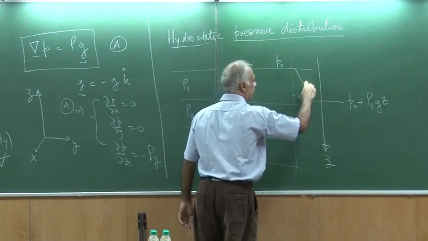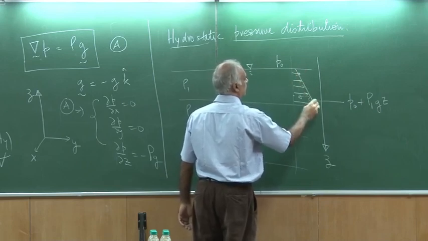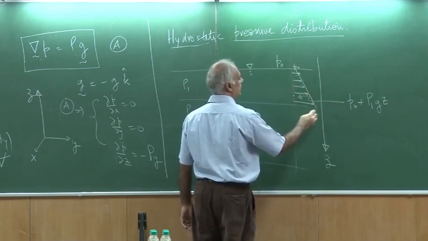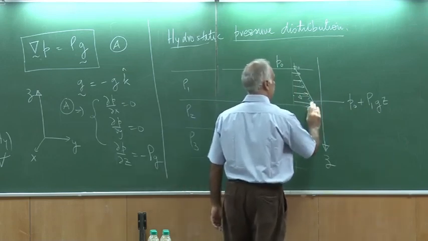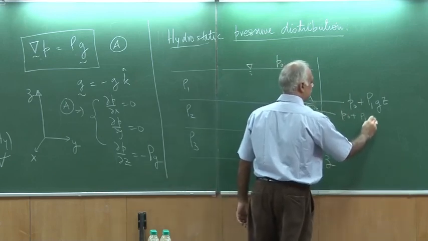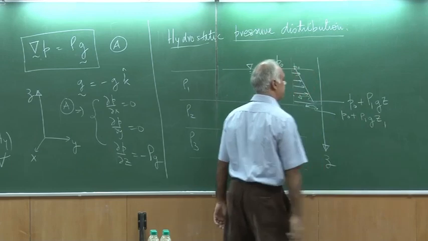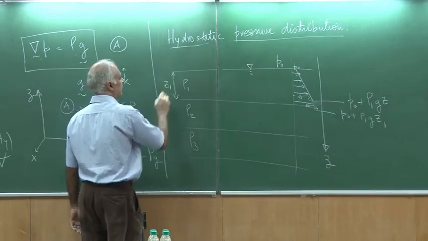So, maybe I can draw it. If this pressure is P naught, then this pressure value is given as P naught plus rho 1 g z1 if I call this depth z1.